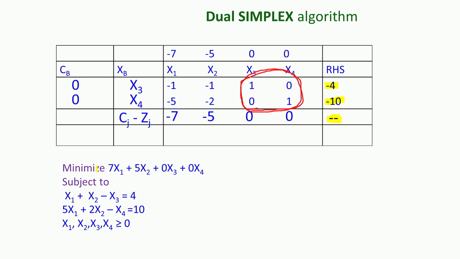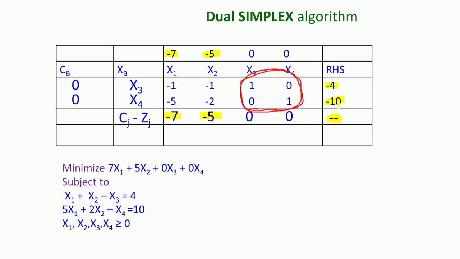But we also find something interesting, because it is a minimization problem, we converted it to a maximization problem. The objective function coefficients are minus 7 and minus 5, the Cj minus Zj are minus 7 and minus 5. Now if we understand simplex by looking at the right hand sides and by looking at Cj minus Zj, now what happens?